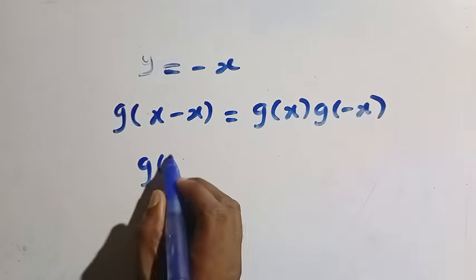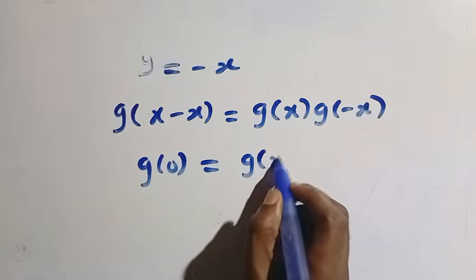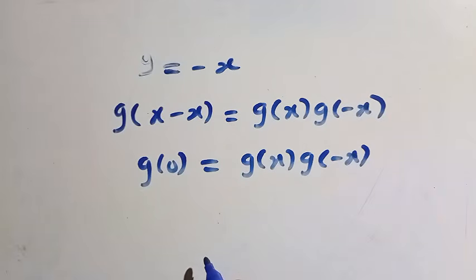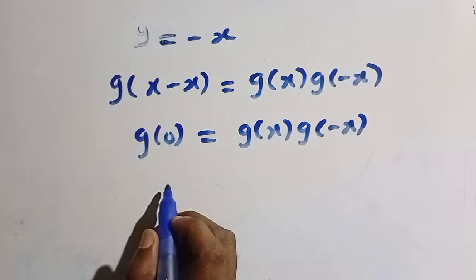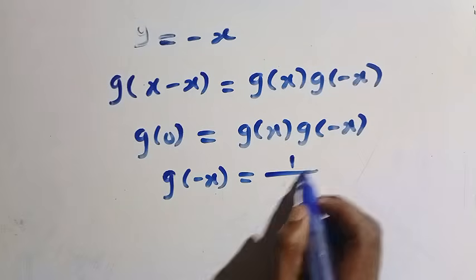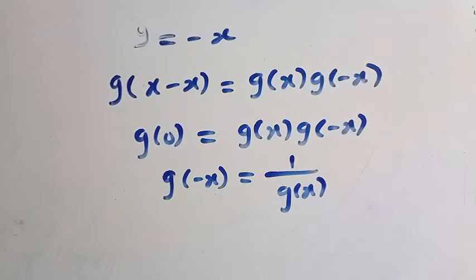So g of 0 equals g of x times g of minus x. And considering g of 0 equal to 1, we are going to have g of minus x equals 1 divided by g of x.